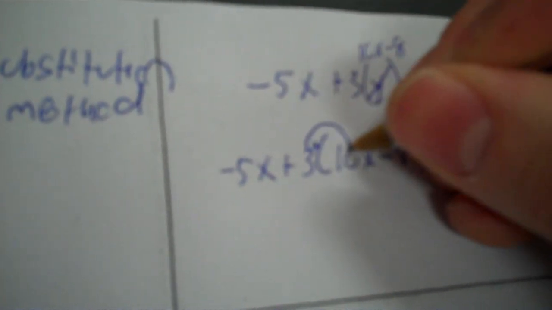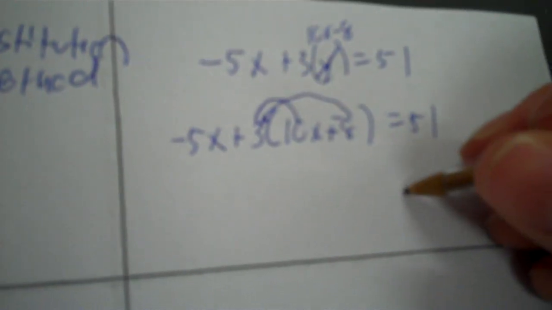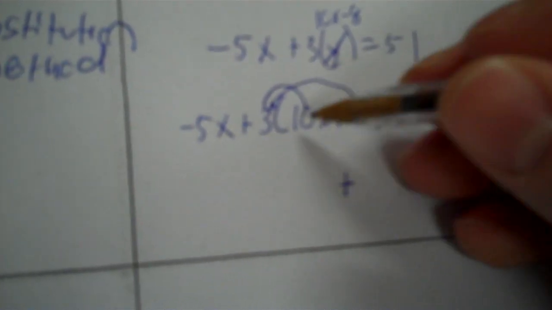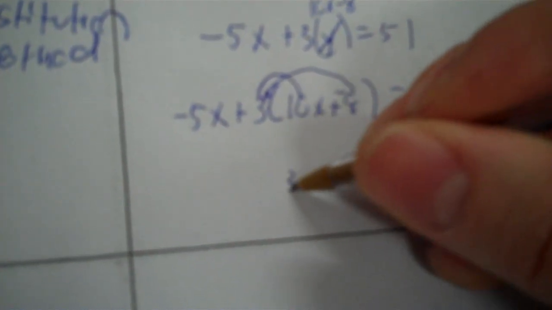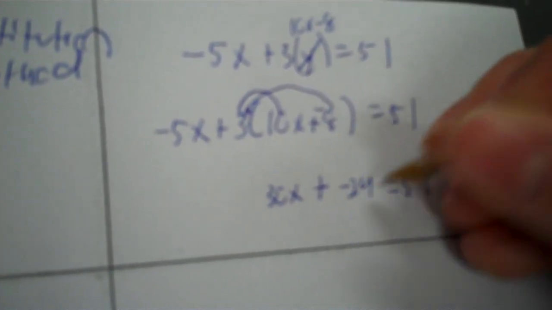Well, and by the way, I'm finding the xy point, the xy solution. So I distribute 3 to 10x, and then make that plus negative 3 to negative 8. So you drop your plus sign straight down, you take 3 times 10x, which is 30x, and 3 times negative 8 is negative 24.